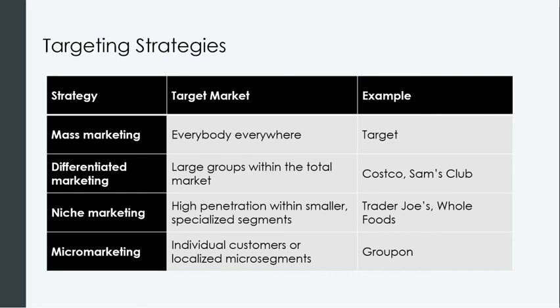And micro marketing, here you have to target individual customers, like those companies or businesses that provide specific products or sometimes software to specific organizations or companies. An example for this is Groupon.